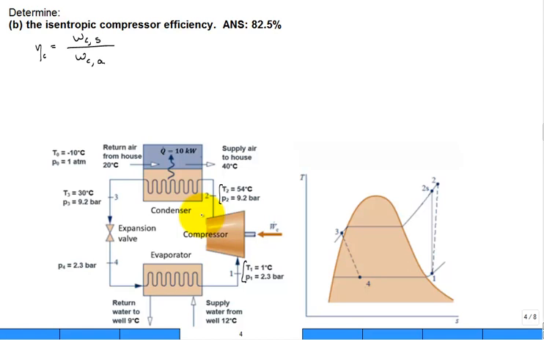So I like to construct a table of the properties to help organize the information. So I would introduce states like 1, they've already introduced it, and then 2, assuming it's isentropic, the 2 actual, which is based on the temperature and pressure they give us, state 3 and state 4.